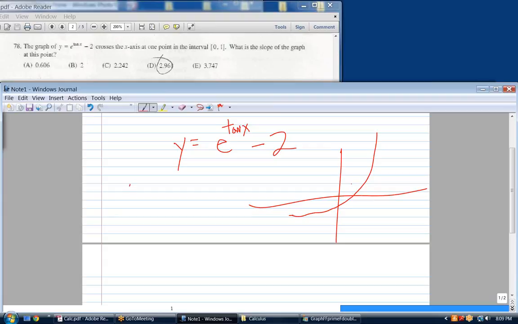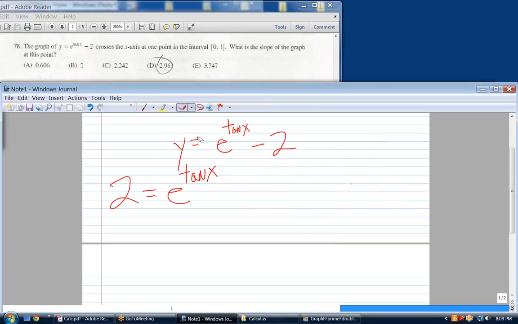Yeah. So we're going to set y equal to 0, which is what happens when we're crossing the x-axis. I'm going to move the 2 to the other side and solve this equation. So we have to use the natural log to get rid of the e?